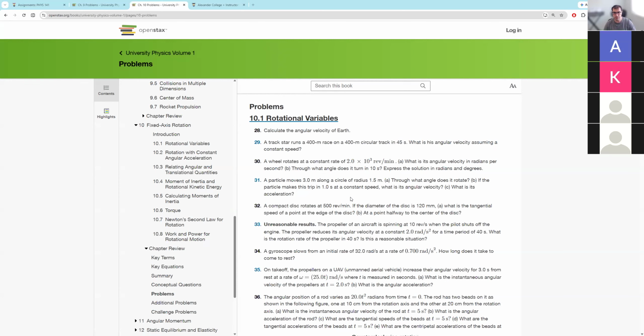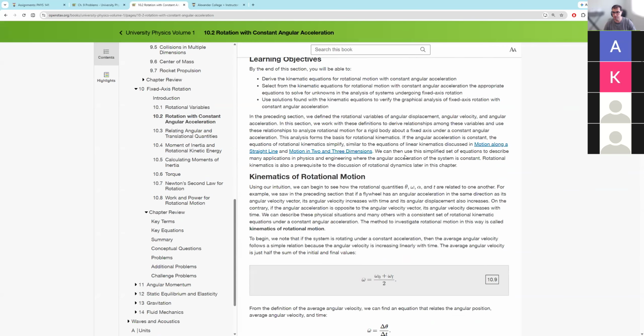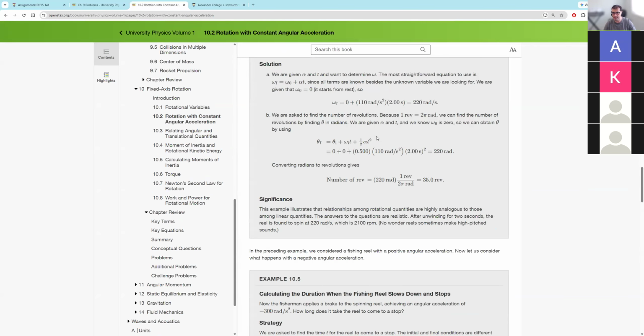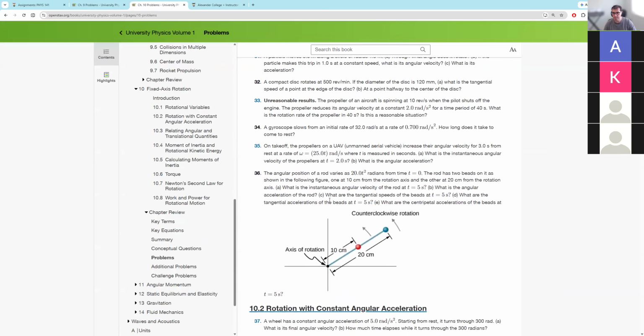We're going to solve some problems from chapter 10. Make sure the problems that we solved during the class last time from the textbook, we went over some examples here. Make sure to go over them. Now let's go over the problems.